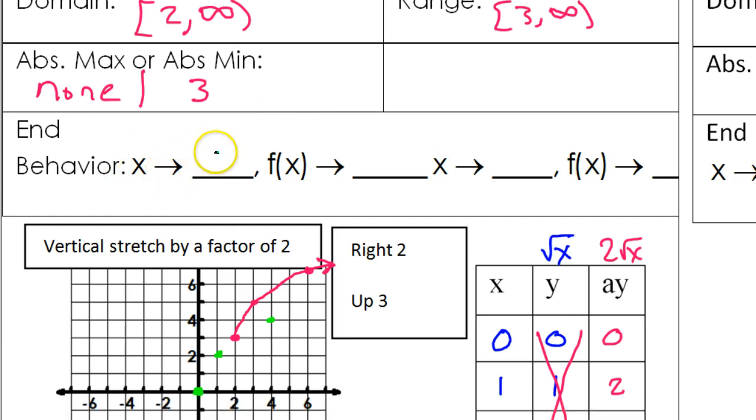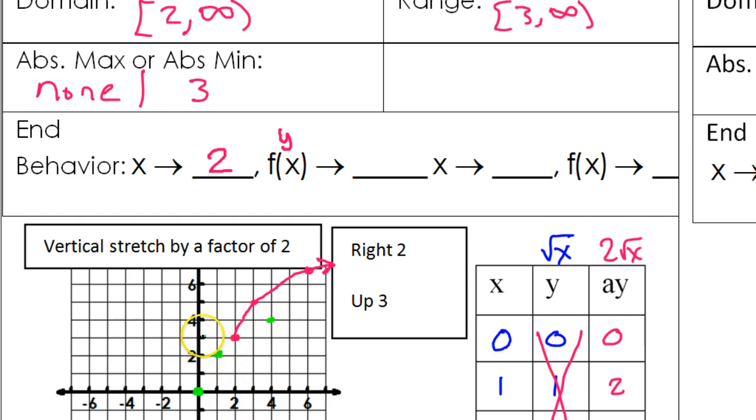As x approaches, now normally we say negative infinity, but this graph stops right here. So it doesn't approach negative infinity. The x values approach 2, because that's where the end point is. So as x approaches 2, the function approaches, and basically this is like saying the y values. As we go to the left, we're approaching this point right here. So as the x value approaches 2, the y value approaches 3.